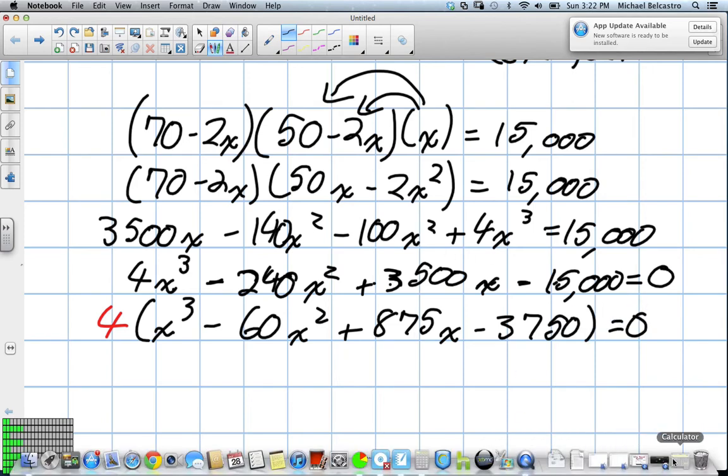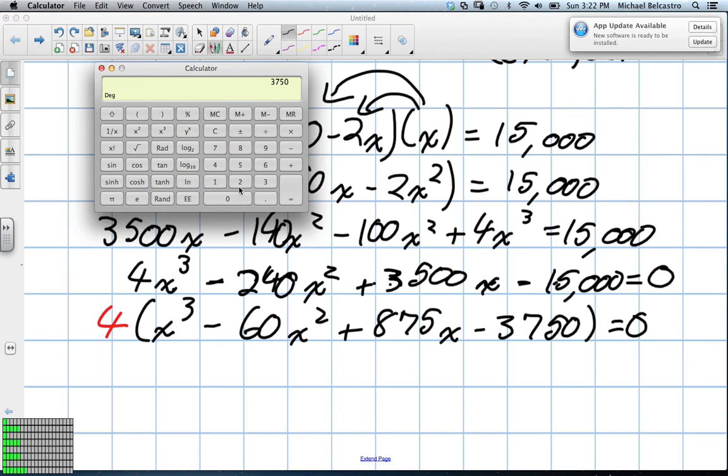Now, I'm pretty sure that 10 is going to be a value that might work for us. Minus 60 times 100 plus 875.